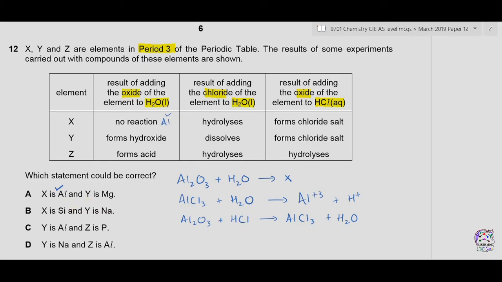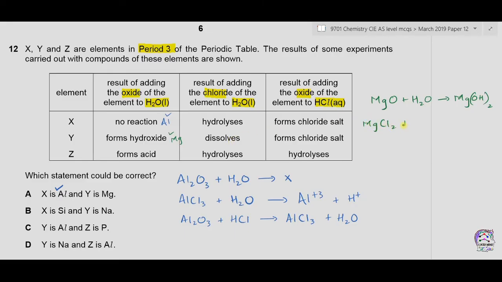Y is magnesium. So finding out the reaction of magnesium with water, it forms magnesium hydroxide. So this is true for magnesium. Magnesium chloride reaction with water, it dissolves.